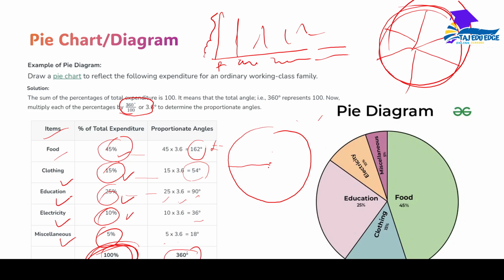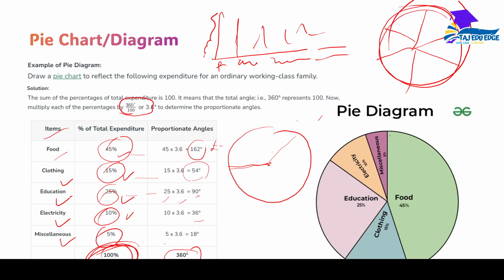Okay, first we need to put a line joining this one to the midpoint. After that, we need to use the protractor to draw, like I can see here. Let's say from here, there's a line.